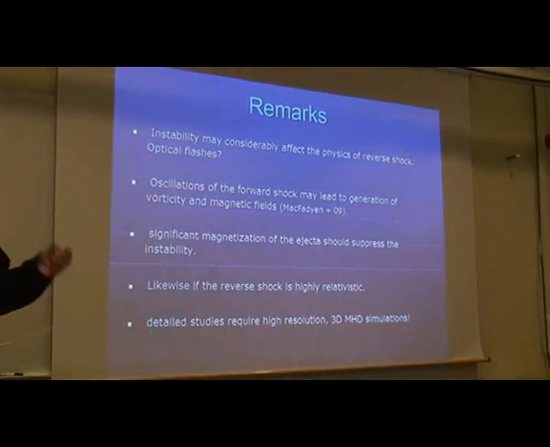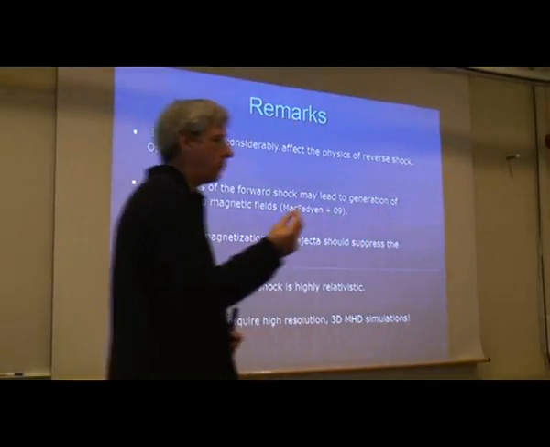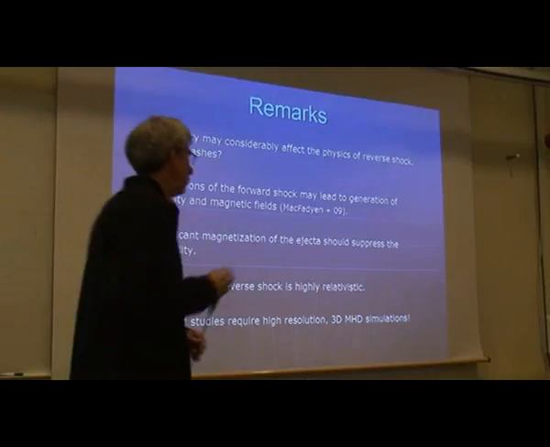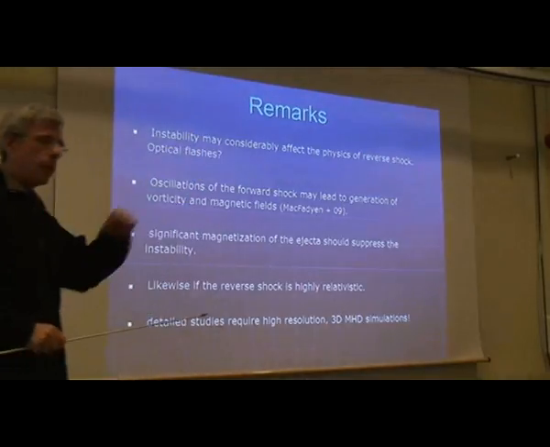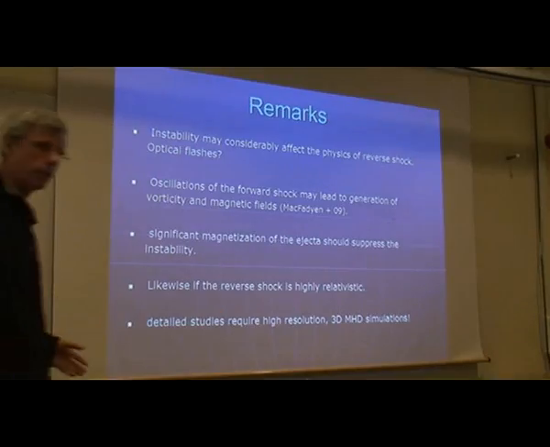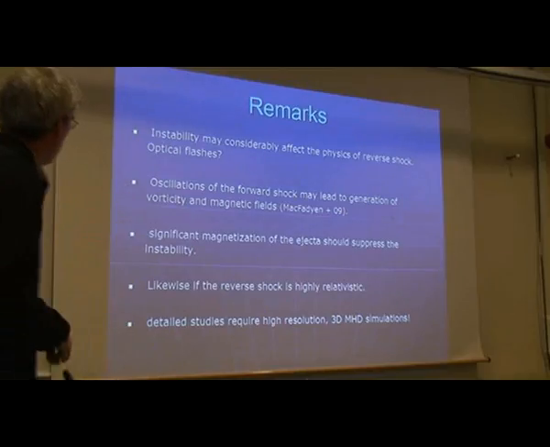What you need is very high resolution, because the unstable modes have L over gamma of 100 and larger, or maybe 10. If you want to see fast growth, you need to start the simulation early on with the ejecta, with resolution as high as you can. Certainly you need at least 100 points across.